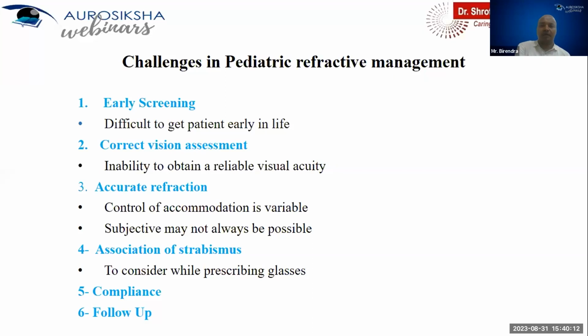The challenges in pediatric refractive management are early screening and correct vision assessment at remote locations, accurate refraction, and compliance, because these vision centers are situated in rural communities where access is very low and the population doesn't accept advice very easily.